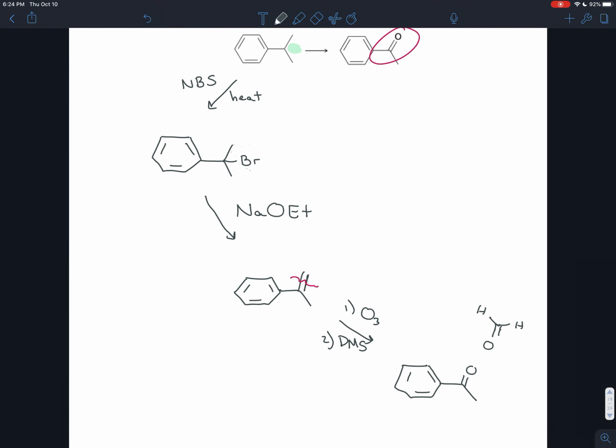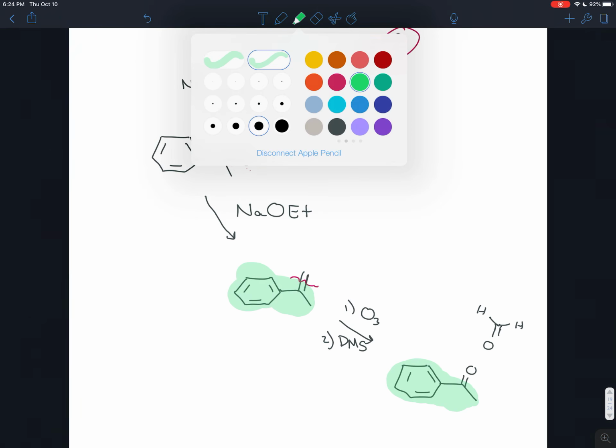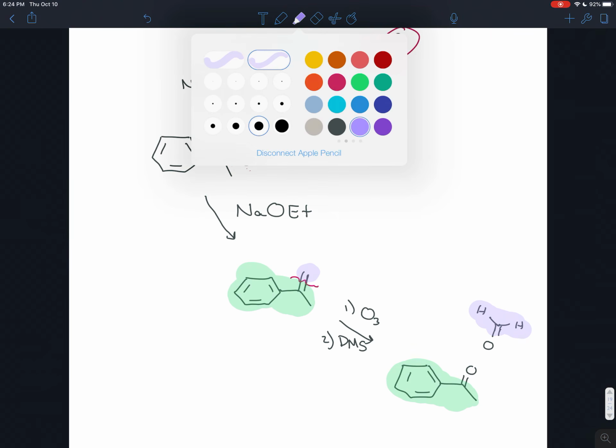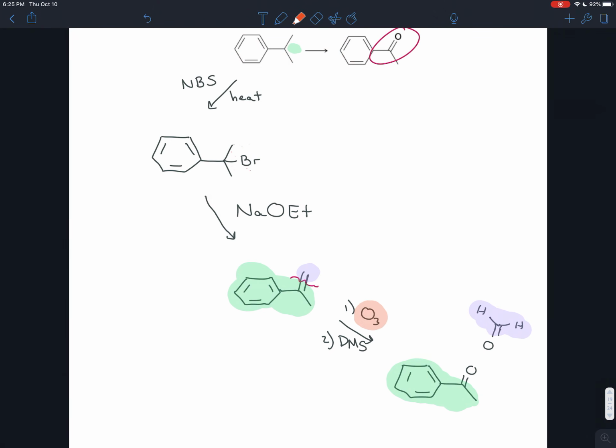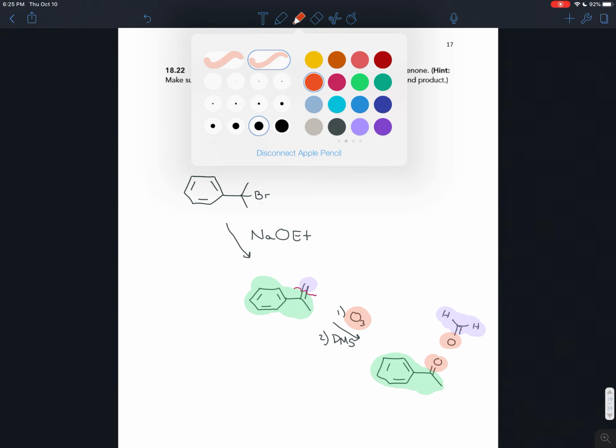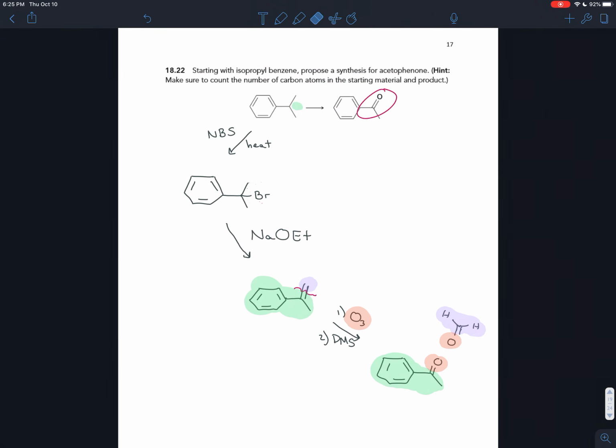You draw each of the pieces separately, so this whole thing is this at the bottom. And then the other side of that squiggly red line, you have this, that's this here. And then instead of having the double bond between the two carbons, you have the double bond going to the oxygens. And that was the product we wanted, right? That was our beautiful acetophenone.